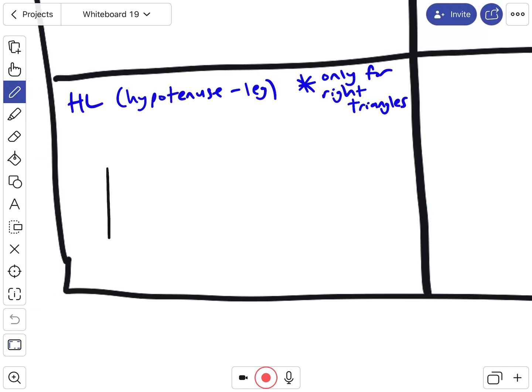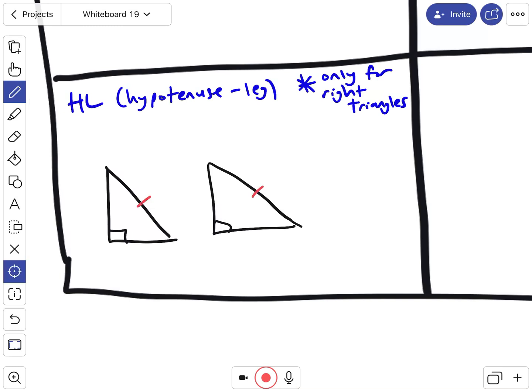So when we draw this one, you're going to want to make sure this has a right angle. And if the hypotenuse is the same, that's this side right here, the one that's across from the 90, so that's the hypotenuse. And then a leg is just any other side, maybe this one down here. So this one would be classified as hypotenuse leg.